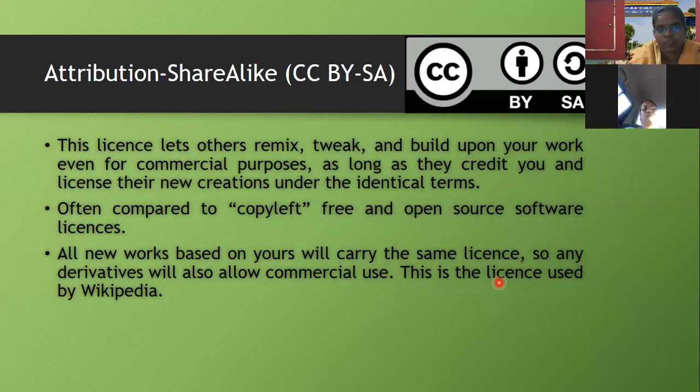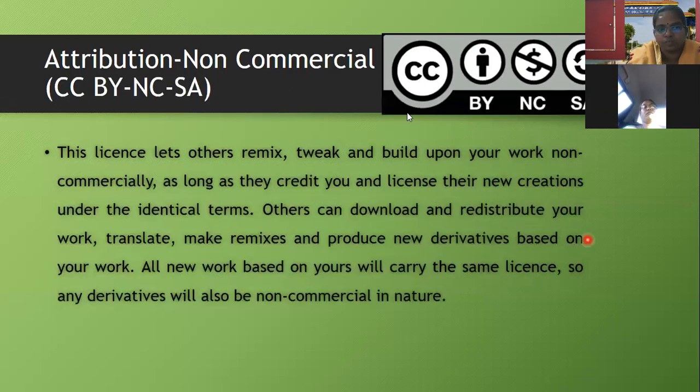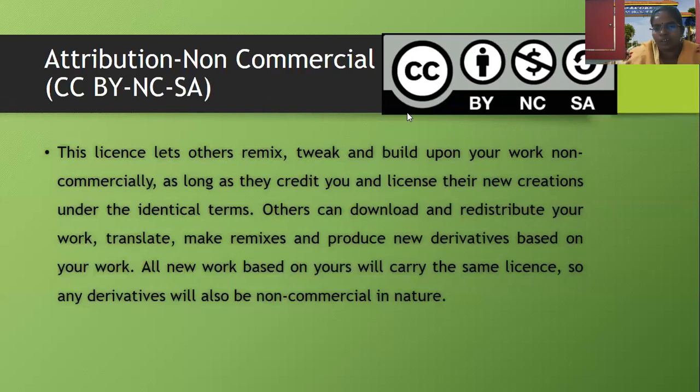The third type is attribution non-commercial share alike. This license lets others remix, tweak, and build upon your work non-commercially, as long as they credit you and license their new creations under identical terms.